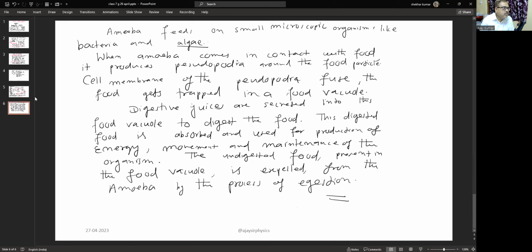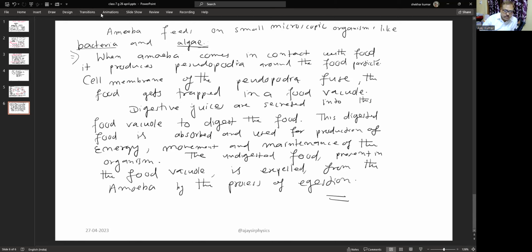Amoeba feeds on small macroscopic organisms like bacteria and algae. When amoeba comes in contact with the food material, it produces pseudopodia around the food particles. The cell membrane of the pseudopodia fuse and the food gets trapped into the amoeba.